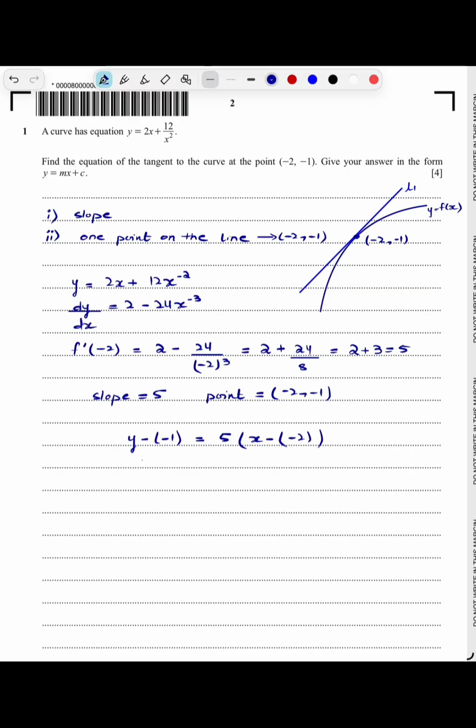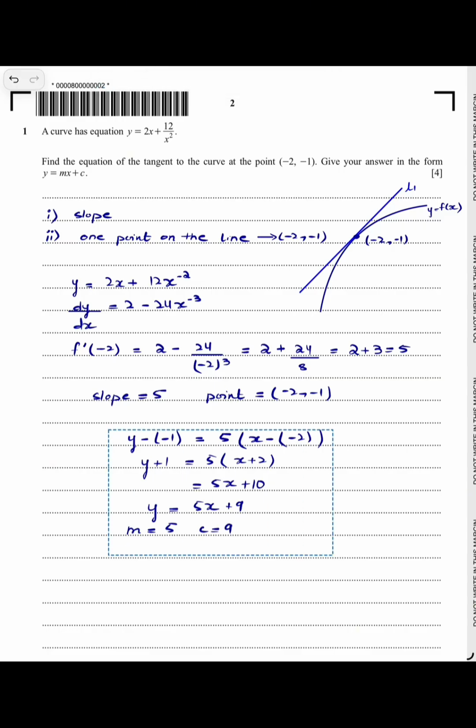So we have y plus 1 equals 5 times x plus 2, which becomes 5x plus 10, right? So we'll have y equals 5x plus 9. So the value of m is equal to 5 and the value of c is equal to 9.